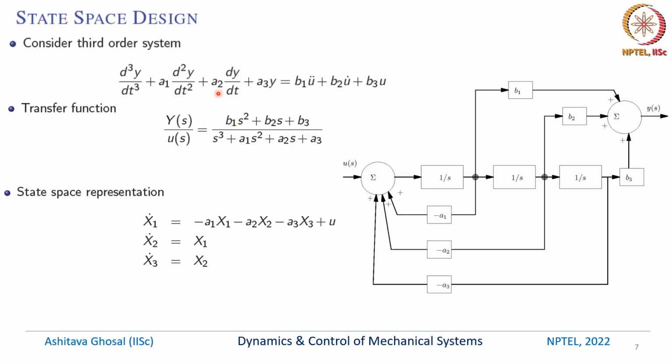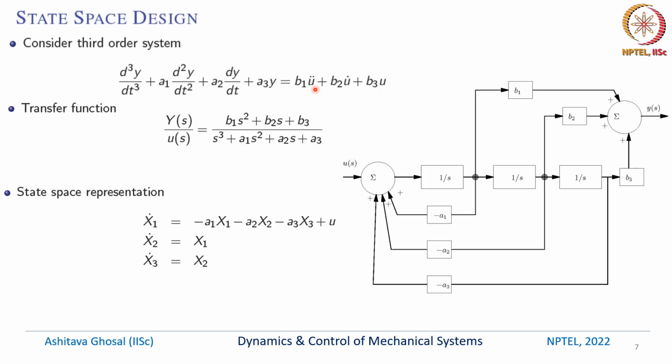Continuing with state space design, let us consider a little bit more complex system, a third order system, which is given by the third derivative of y plus a1 into the second derivative of y with time, a2 dy by dt, plus a3 y, and the right hand side now has both u dot and u double dot.